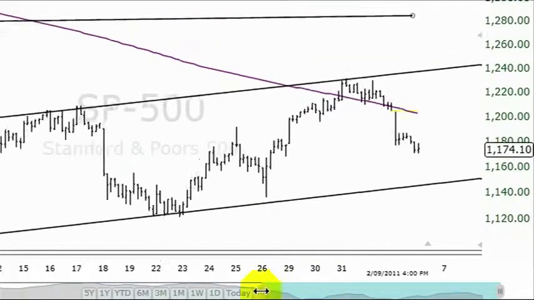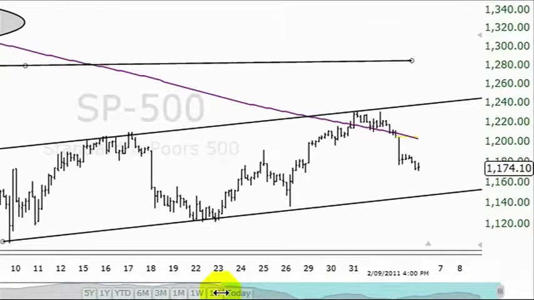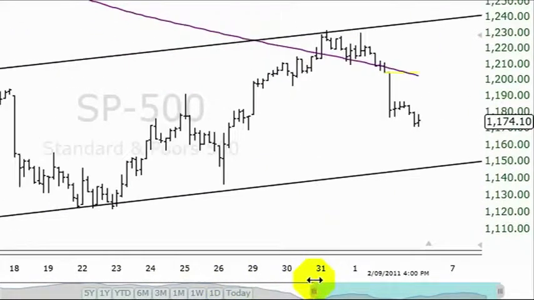I want to show you this because there's lots and lots of things happening. As I said, the market looks like it's at a real good support level. Now let me show you how I got that support level. Let me zoom this in a bit more so we can have a much better view. There we go.